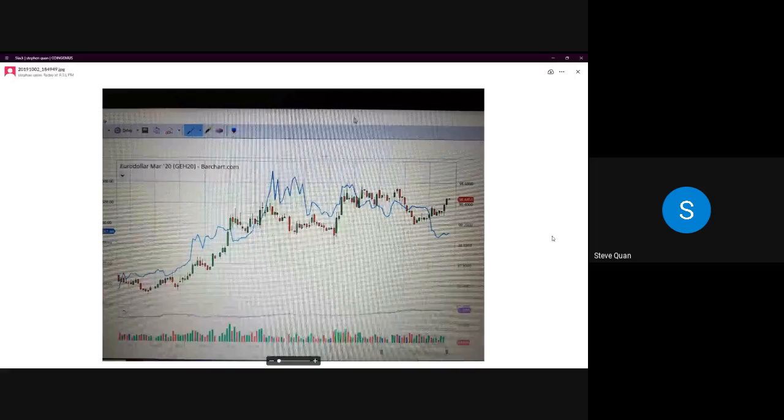If you can show that to everyone, this sums up my theories in a nutshell. That's Bitcoin and March 2020 Euro dollars. As you can see from the bottom, they were both pretty flat. Then Euro dollars started to take off and Bitcoin followed.